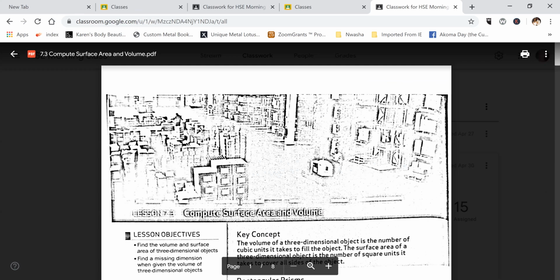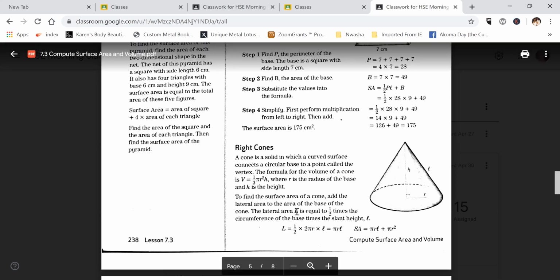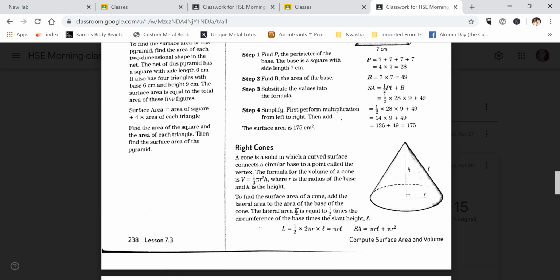So what they said is to find the surface area of a cone, add the lateral area to the area of the base. So they have the formula for the lateral area, and then they have the base. So the lateral area, they put capital L, is equal to 1/2 times the circumference of the base times the slant height.